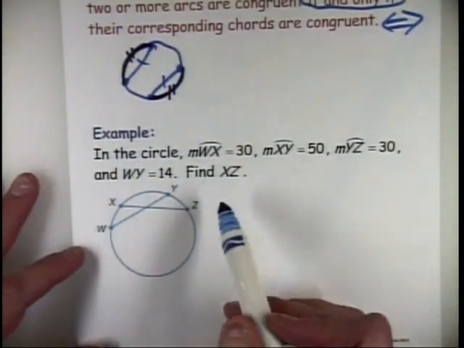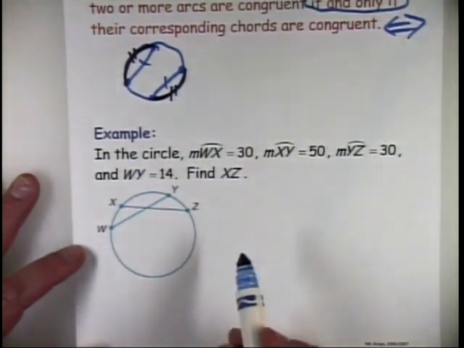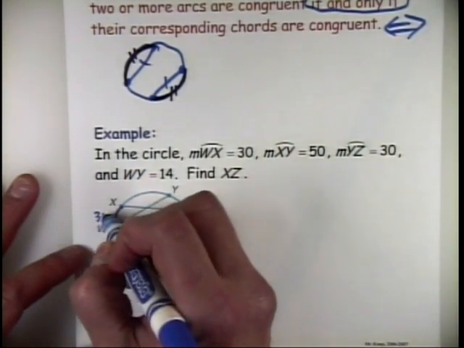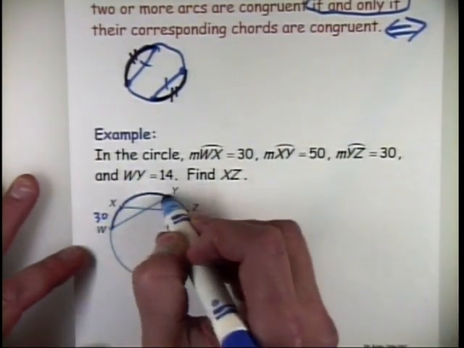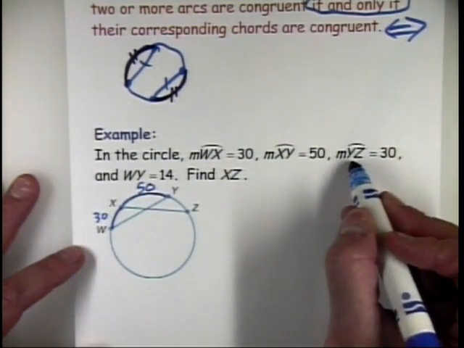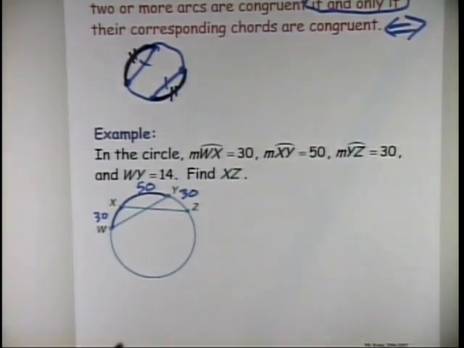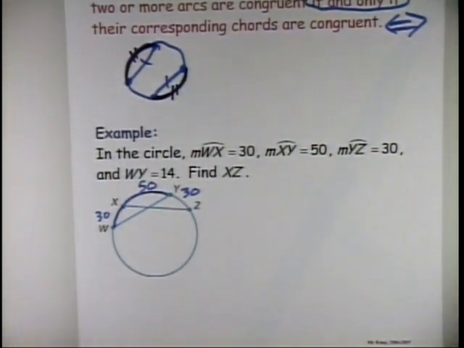In the circle, we know that the measure of arc WX, remember the arc has a little arc above the two-letter distinction, is 30, so I'm going to label it. And the measure of arc XY is 50, so this one here is 50. And the measure of arc YZ right here is also 30. We also know that WY is 14.